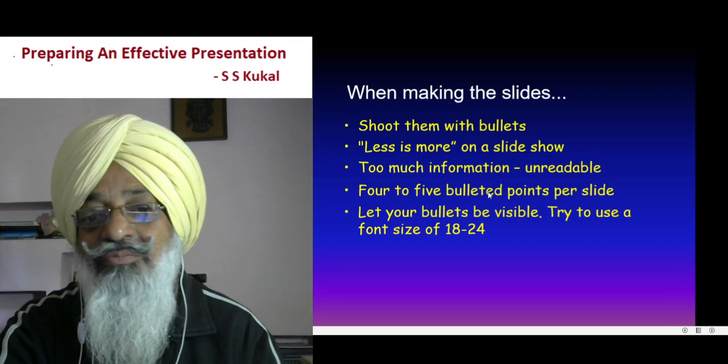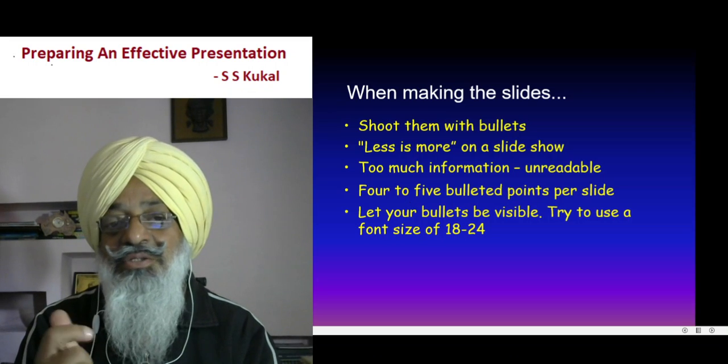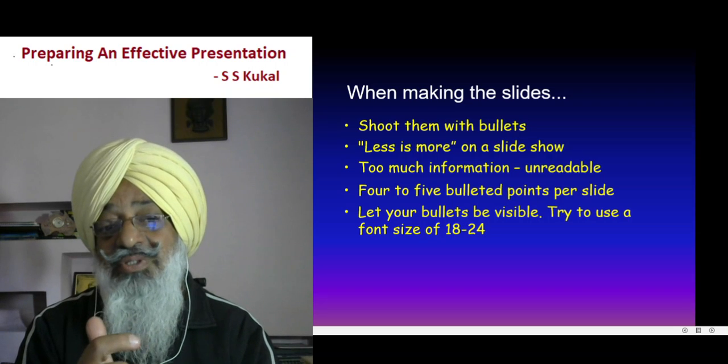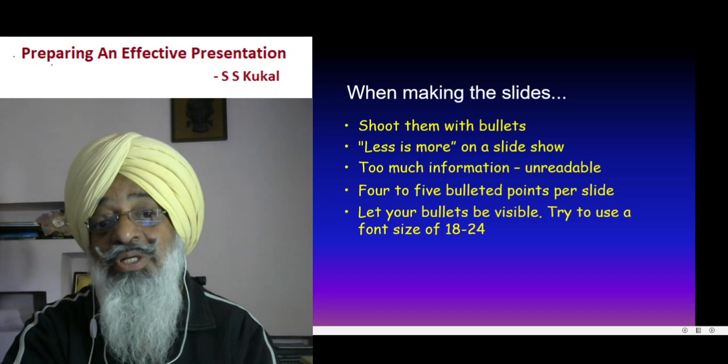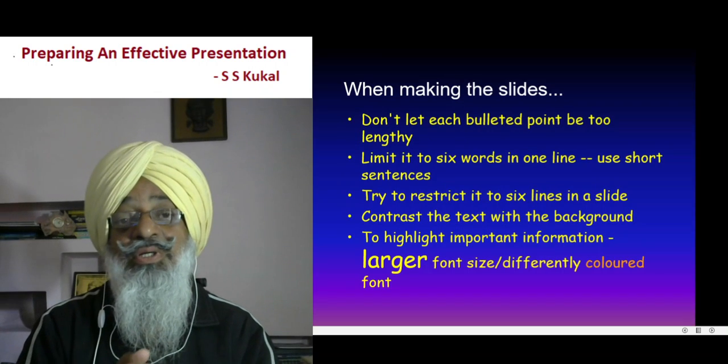So 4 to 5 bulleted points per slide. This is a thumb rule, and let your bullets be visible. Visibility is very important. Use 18 to 24 font size. That is the best one.